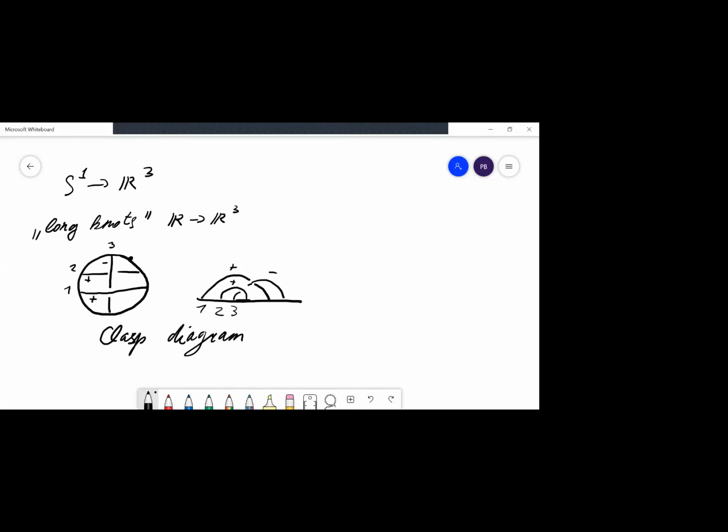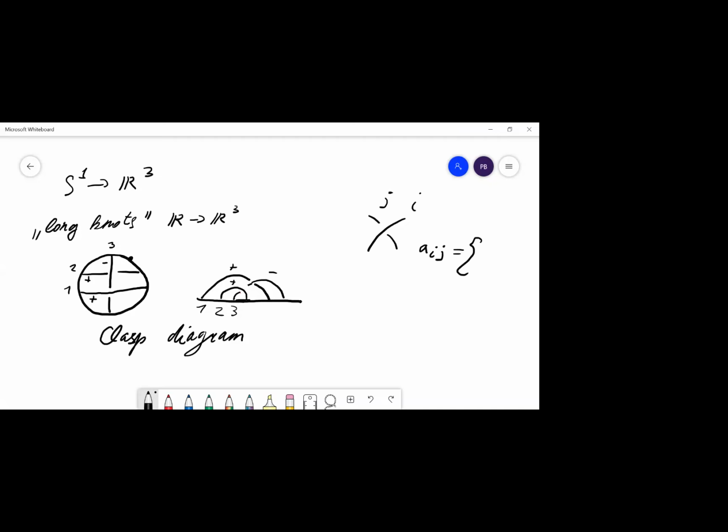So once again, if we have an intersecting pair of chords i, j, we have Aij equal to 1 if i is less than j, and minus 1 if i is bigger than j.